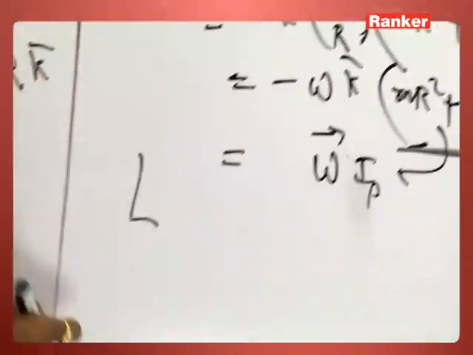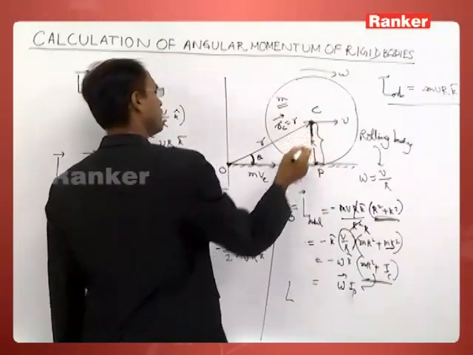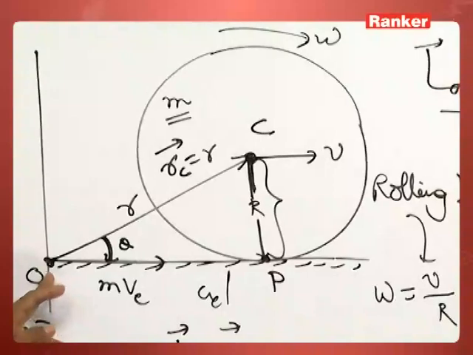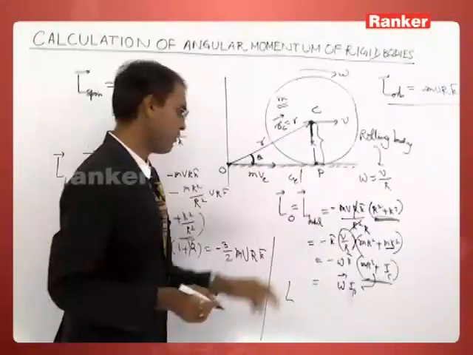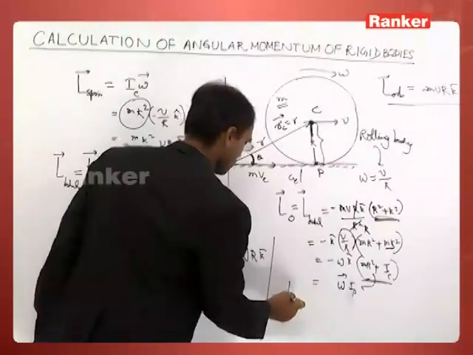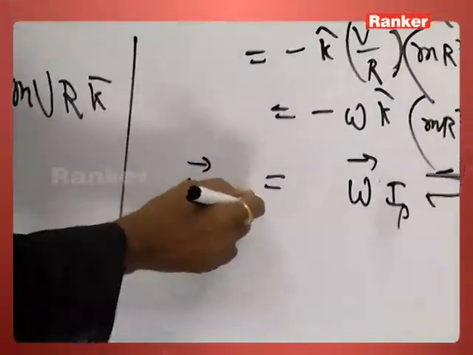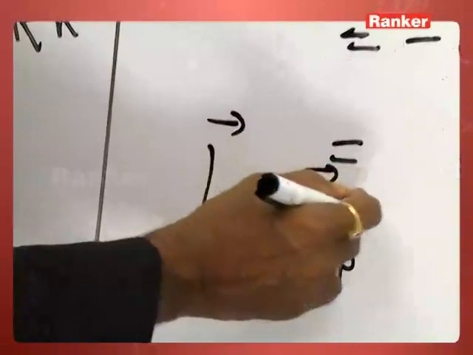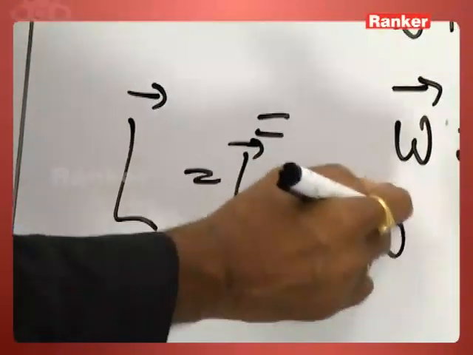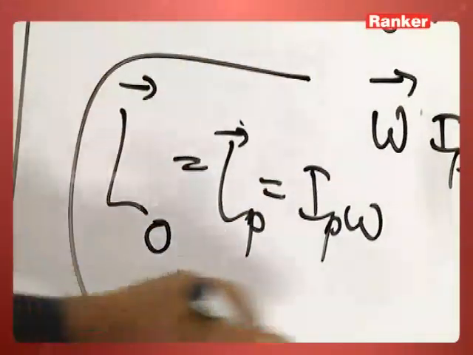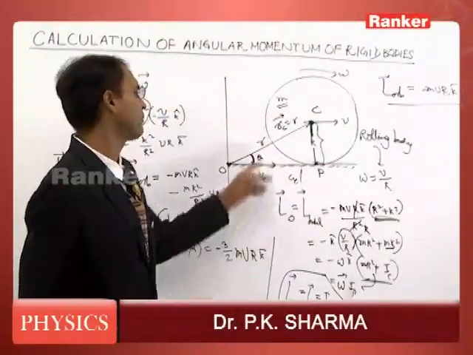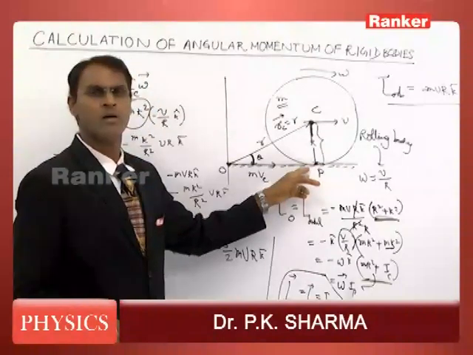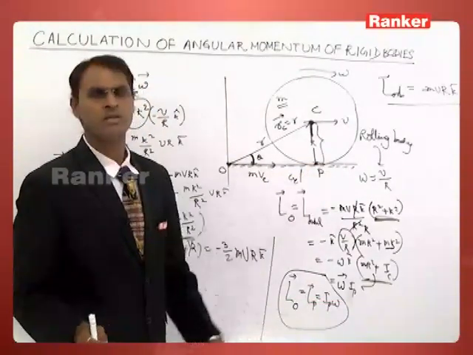So angular momentum about this point of the rigid body will be equal to angular momentum of the rigid body about the instantaneous axis of rotation. So LO is equal to LP is equal to IP into omega. This formula you can apply for a pure rolling body, rolling on a fixed surface.